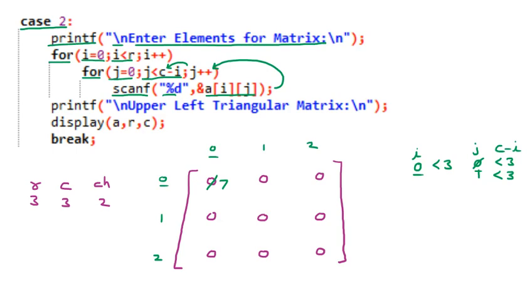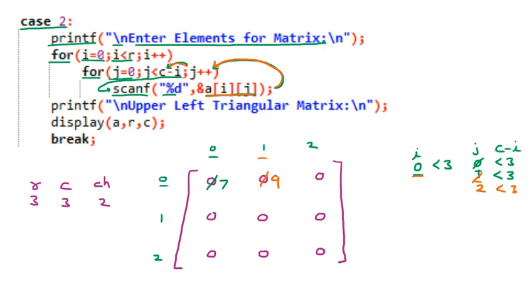Again going down and taking the scan at a[i][j], so 0 and 1. Suppose we have taken the number 9. Again incrementing j, let us suppose j is 2, and again less than 3, matching.